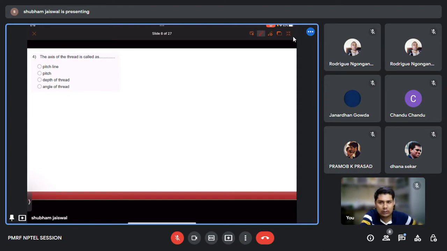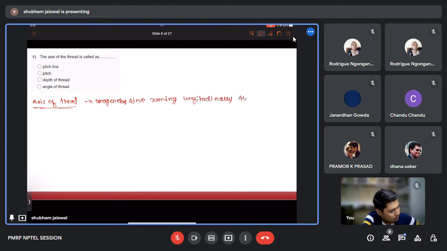Okay. Let's see. The axis of thread is the imaginary line running longitudinally through the center of the screw.